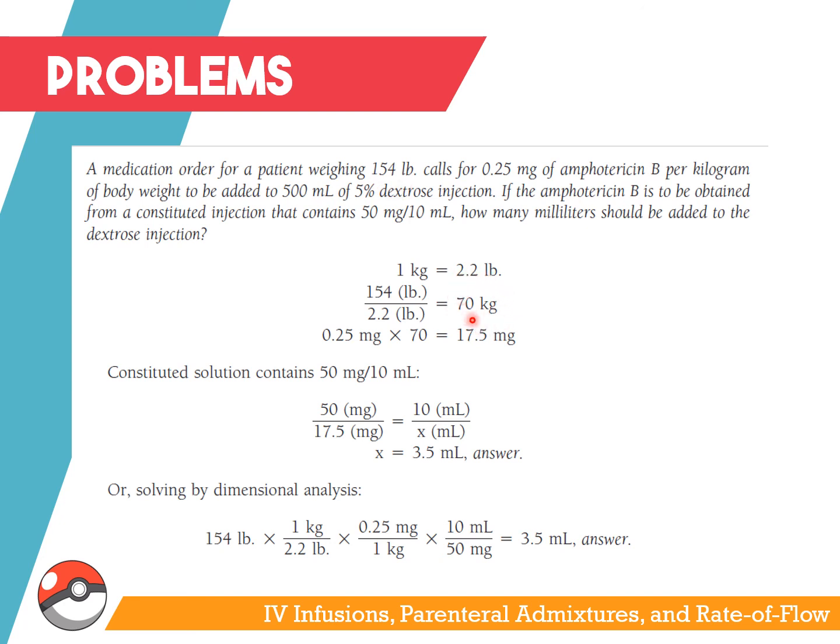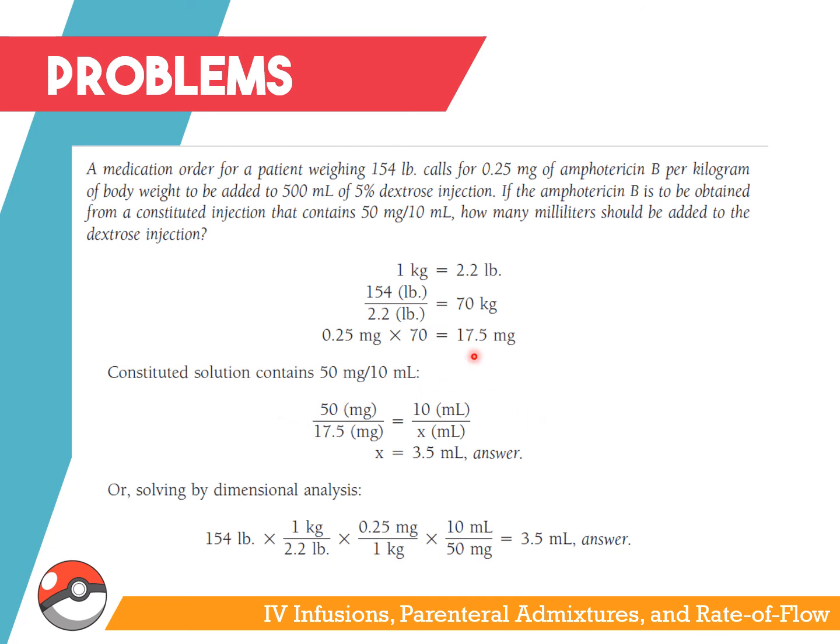Next is to identify the total amount of drug needed by the patient. So since the dose calls for 0.25 milligrams of amphotericin B per kilogram of body weight, we simply multiply 70 kilograms times 0.25 milligrams. So we will have 17.5 milligrams in total. Now, the constituted solution contains 50 milligrams per 10 ml.